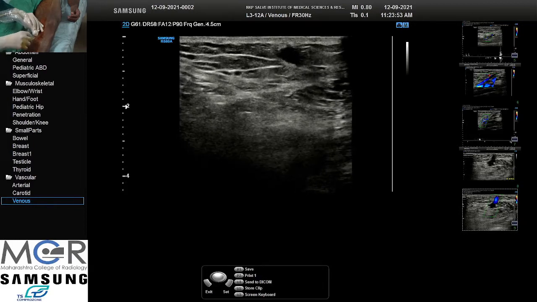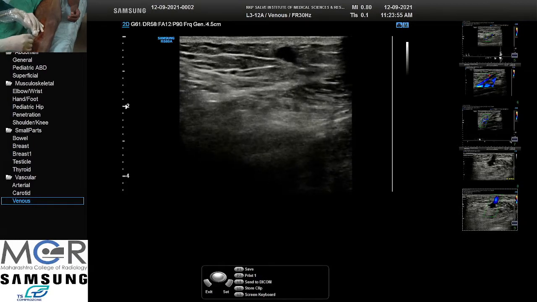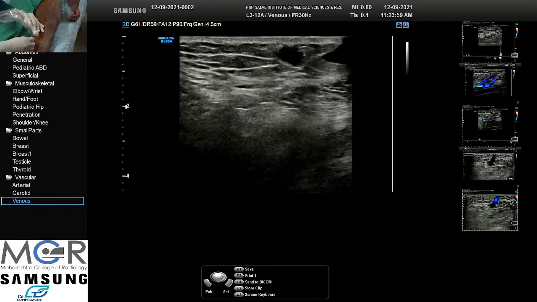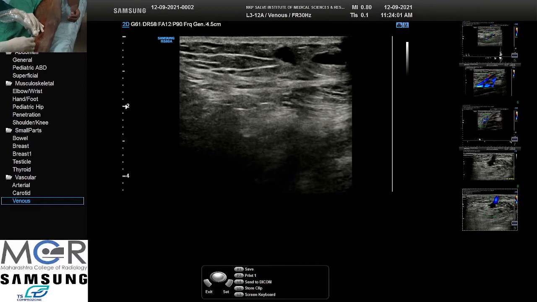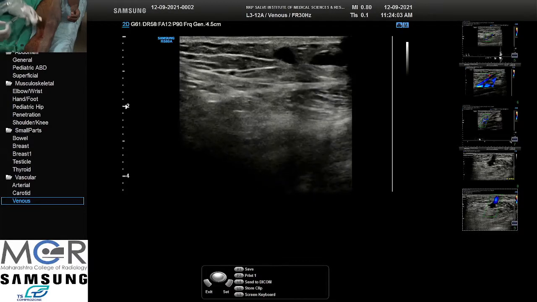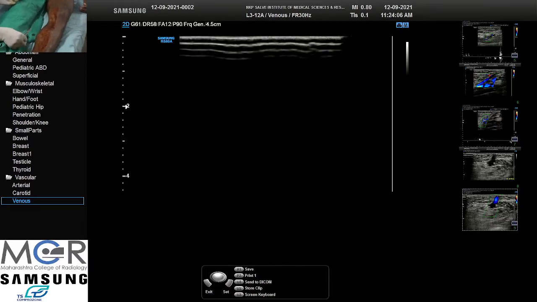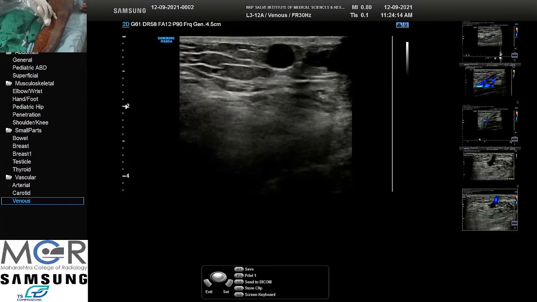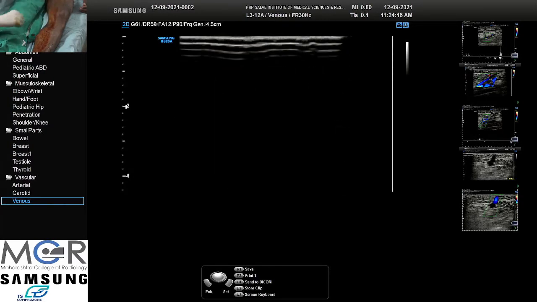You have to check by aspirating a little to see that the needle is not in the vein, then we'll give the local anesthesia.